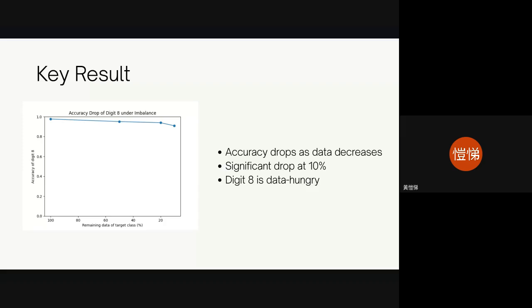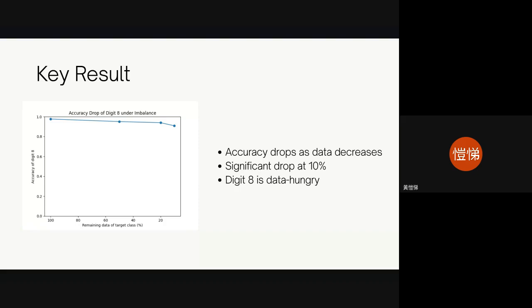Some digits, like digit 8, are more difficult and require more data. When class imbalance is introduced, the affected class drops significantly, while others remain stable. Therefore, overall accuracy is not sufficient, and per class analysis is necessary.